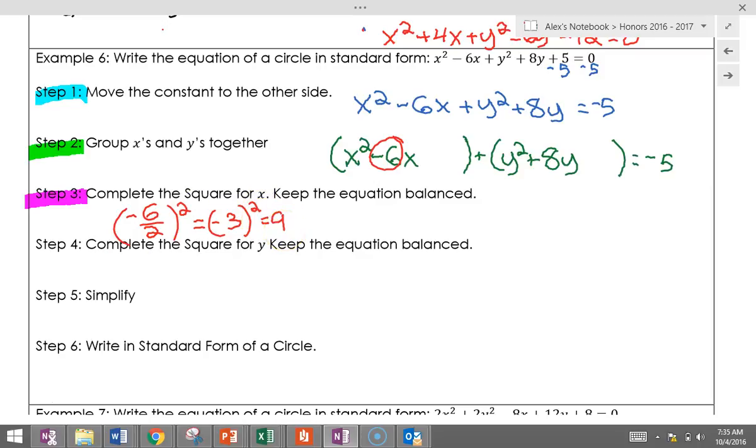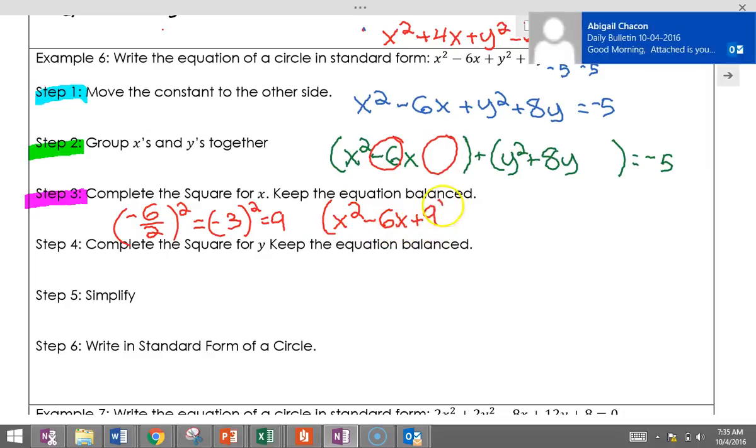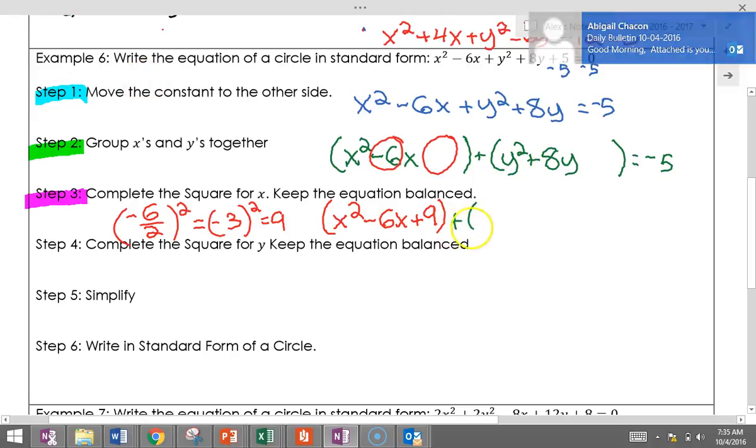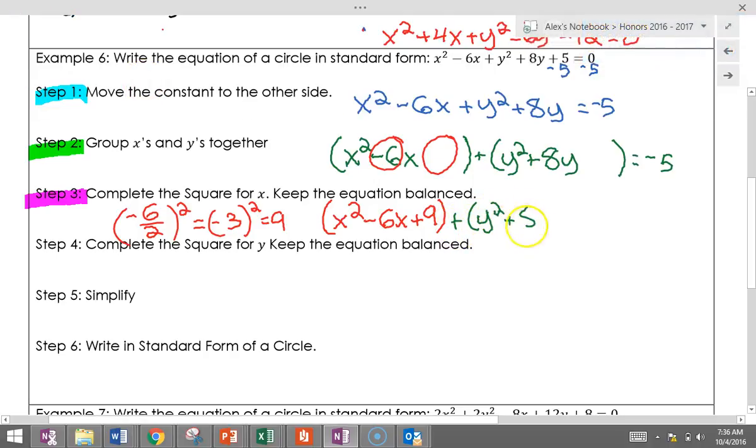And that's what goes in my blank here. So I have x squared minus 6x plus 9 plus y squared plus 8y plus a blank equals negative 5. And then this part that says keep the equation balanced: since I added a number on this side of my equation, anything I do to one side, I have to do to the other side.